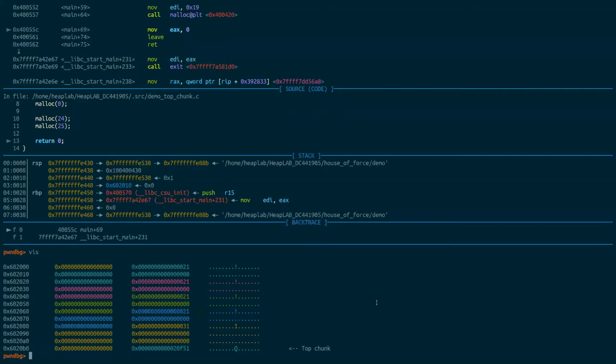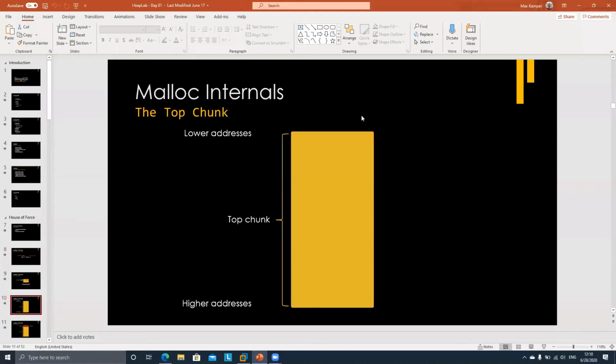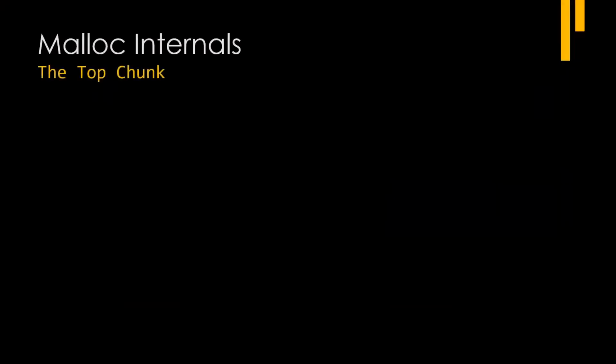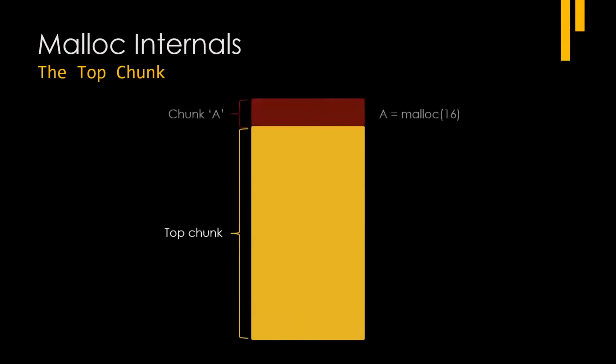The rest of that as yet unused heap memory is considered one large chunk by Malloc, that it calls the top chunk. And every time we request memory from Malloc, it breaks off a piece of that top chunk and gives it a size field, and then gives it to us, gives it to the program. So if we requested 16 bytes using the Malloc function, we get a 24-byte or hex 20 sized chunk with the prev in use flag set.